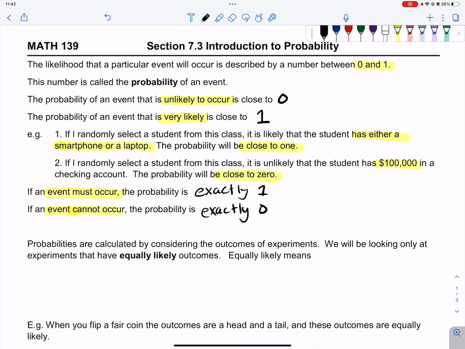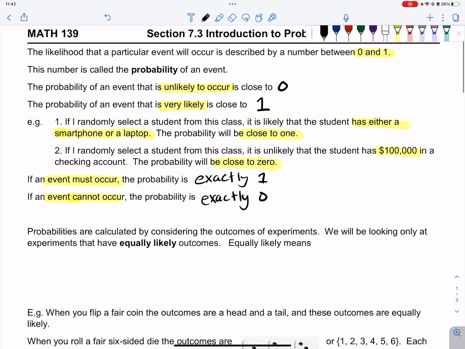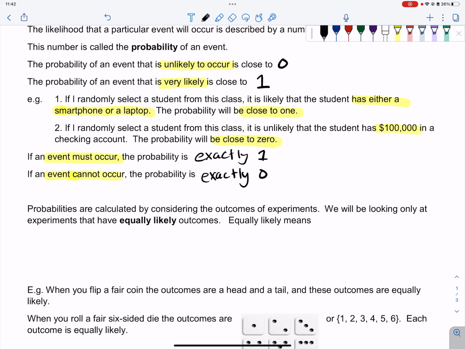Okay, so next we have a definition here of equally likely. In this class, we are only going to be looking at probabilities that are equally likely or have equally likely outcomes. And equally likely essentially means that the chance of any one outcome is just as likely as the chance of any other outcome.